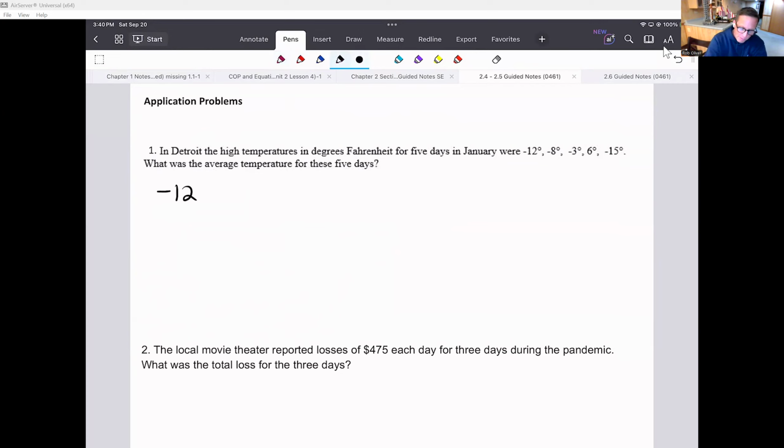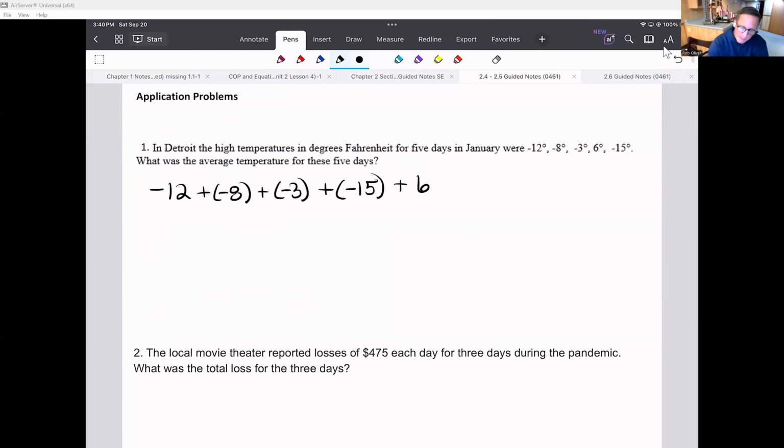Let's add them all up. So -12 plus -8 plus -3 plus -15. I'm going to put all the negatives together and then add 6 last. It's easier when you add up all the negatives. We're basically just adding the absolute values. Right here, that makes -20.